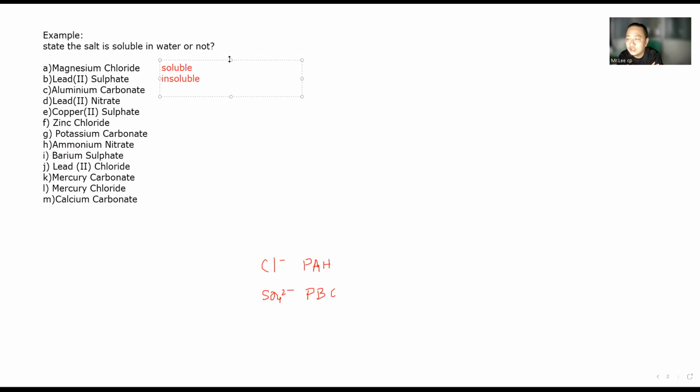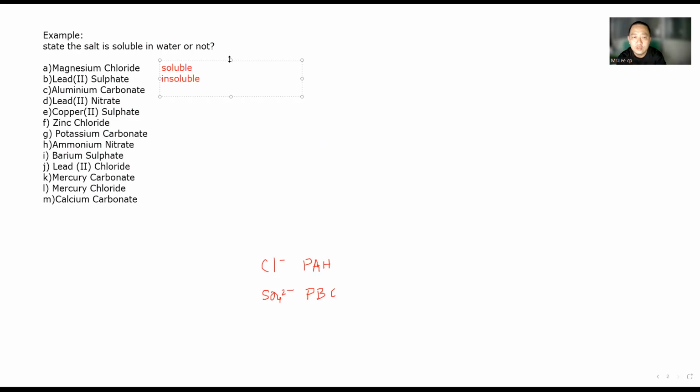Another try: aluminum carbonate. When you see carbonate, not soluble, except the first three: sodium, potassium, and ammonium.